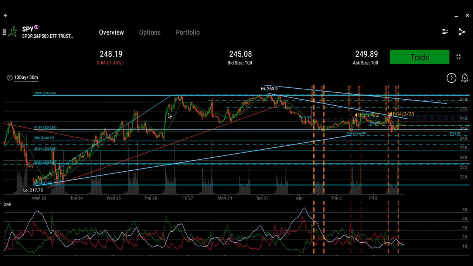Those are the extremes of this chart. This is the complete bottom, and this is the complete top of this time frame. And we've got the 23.6, the 38.2, the 50%, the 61.8%, and the 100% up here. That's how I drew these Fibonacci's.